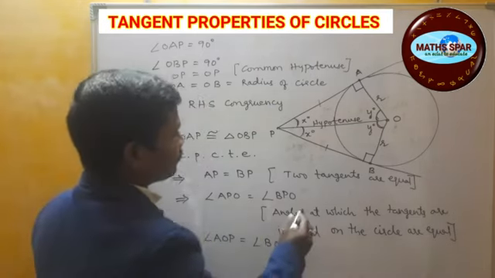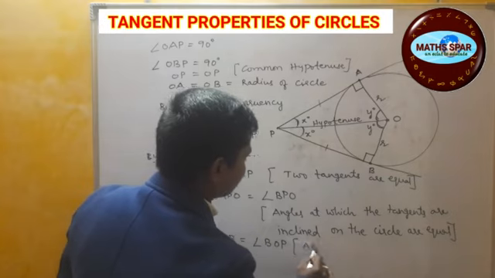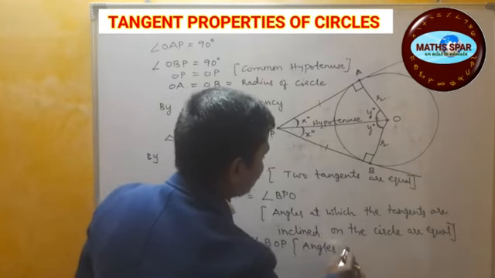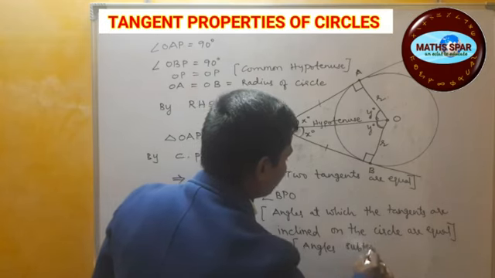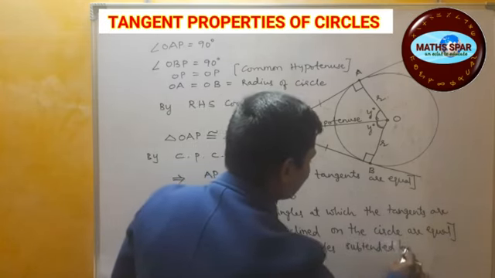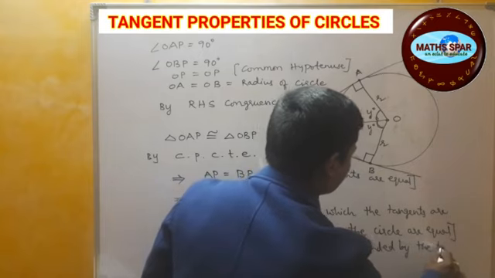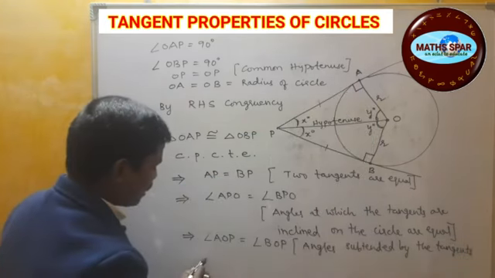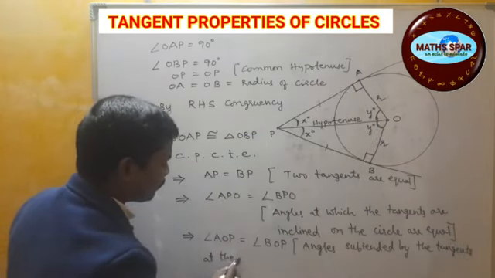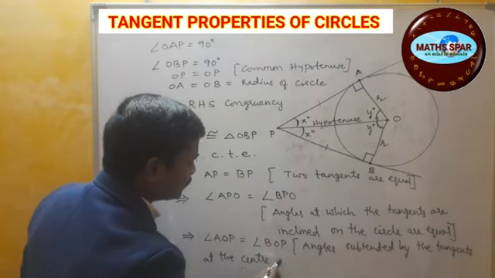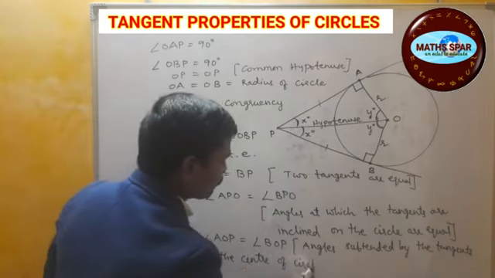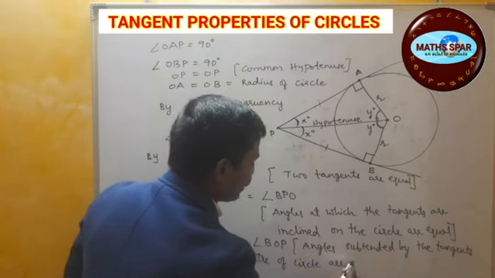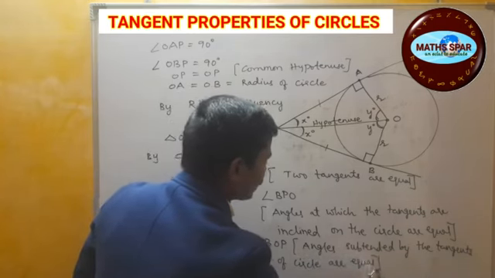This says that angles subtended by the tangents at the center of the circle are equal.